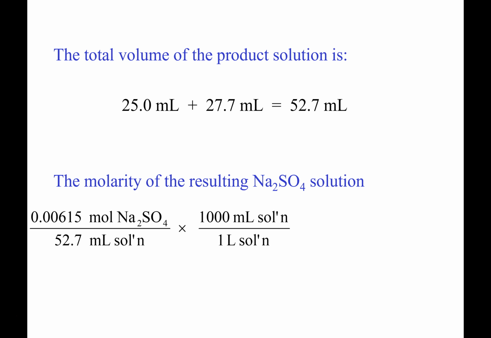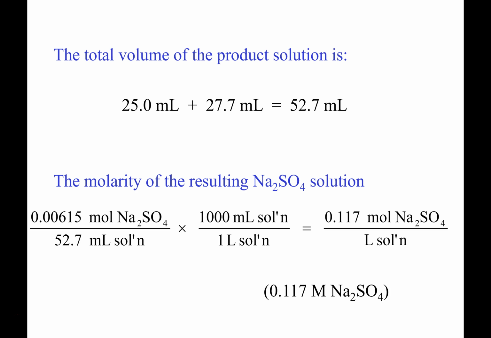Yep, perfect. I'll reserve the sig fig question for you, Allison, because it's 3 sig figs, right? So 3 sig figs gives a value of 0.117, and the units would be molarity, or moles of Na2SO4 per liter of solution.